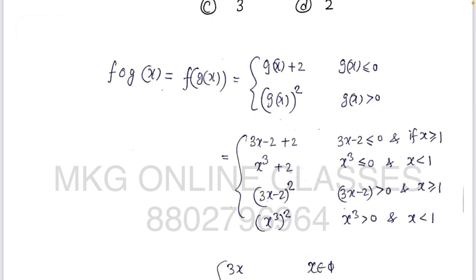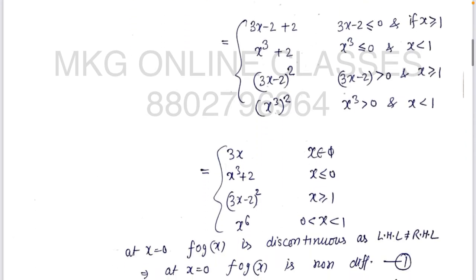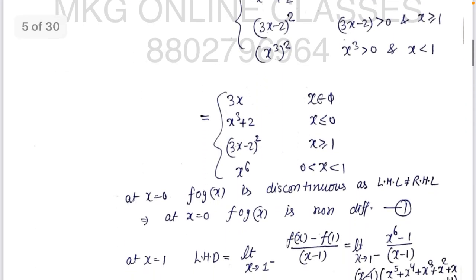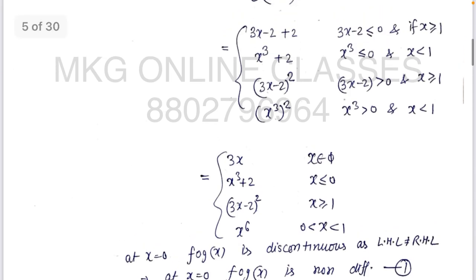If you are not comfortable with f of g(x), then you can go to your books and try some practice questions on how to find f of g(x) if f(x) and g(x) both have multiple definitions. So you will hopefully understand this. So basically this is our f of g(x).